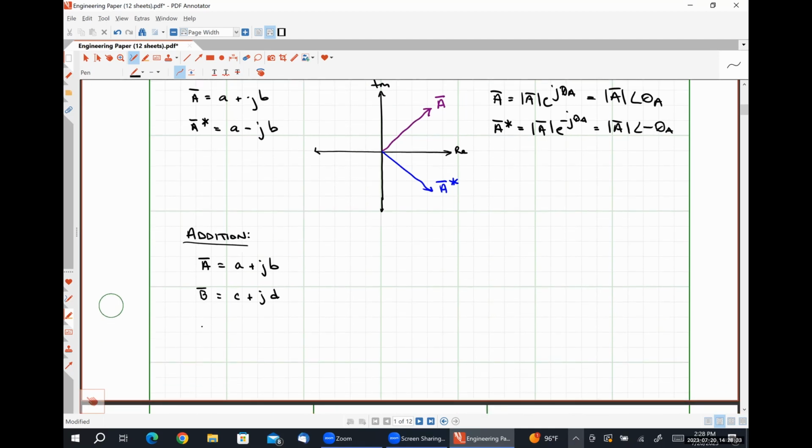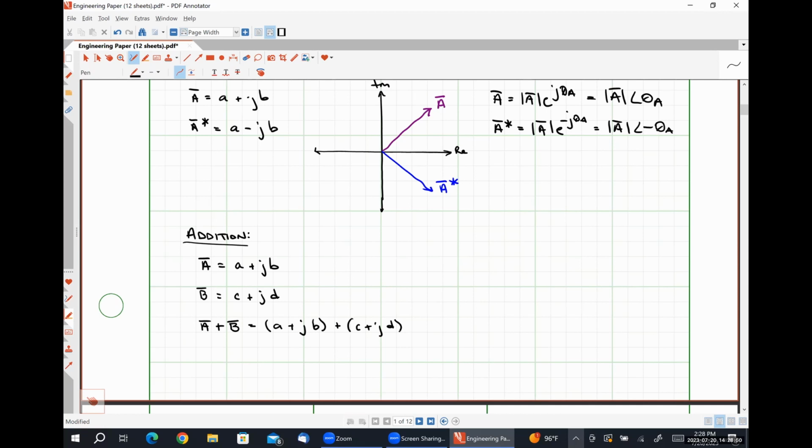If I want to add these two complex numbers together, that would look like a plus jb plus c plus jd.